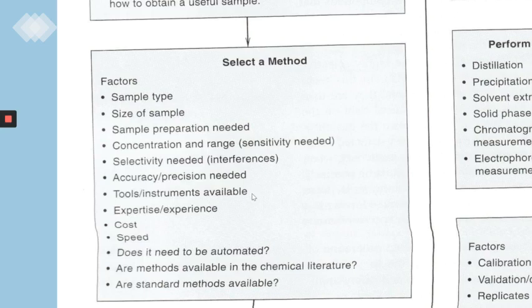For example, you want to do research on purification. For example, you want to do isolation and purify the component, and then identify what the components in the sample are. So you need to do extraction, isolation or purification.